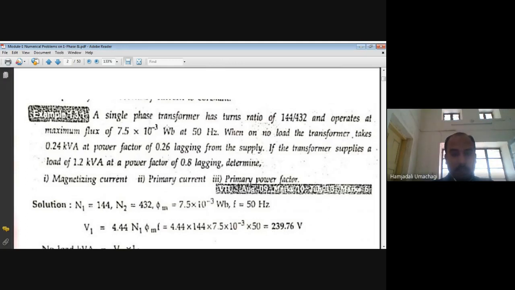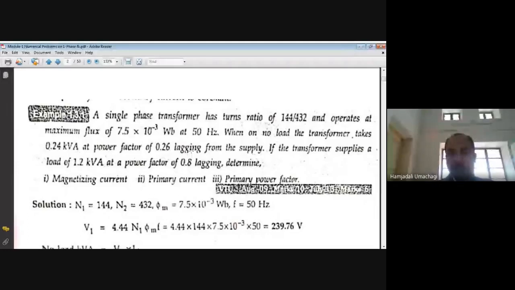A single phase transformer has a turns ratio of 144/432 and operates at a flux of 7.5 × 10^-3 Wb at 50 hertz. When on no load, the transformer takes 0.24 kVA at a power factor of 0.26 lagging from the supply.